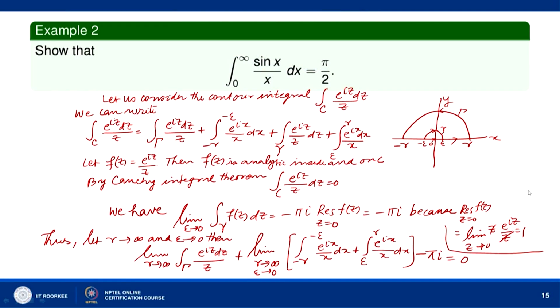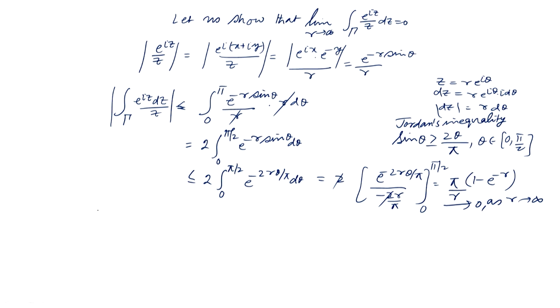Now, this becomes 0. So, we will get this equal to pi i. This is nothing but the Cauchy principal value, equal to pi i. So, we get the following: the principal value of the integral over minus infinity to infinity of e to the power i x over x dx equals pi i. Now, you can put here cos x plus i sin x.